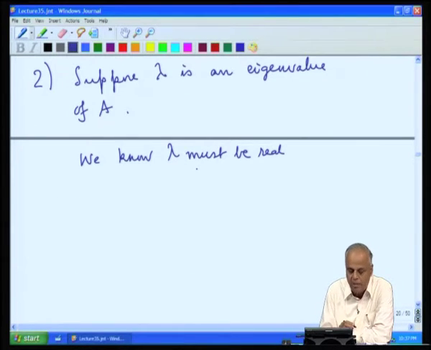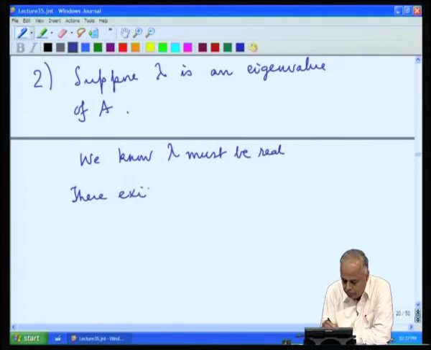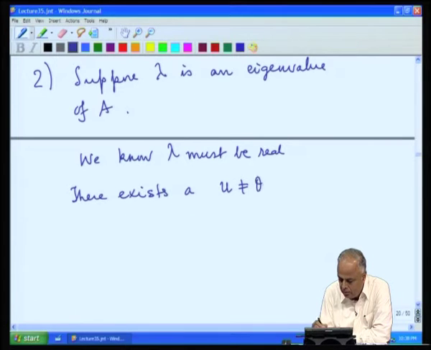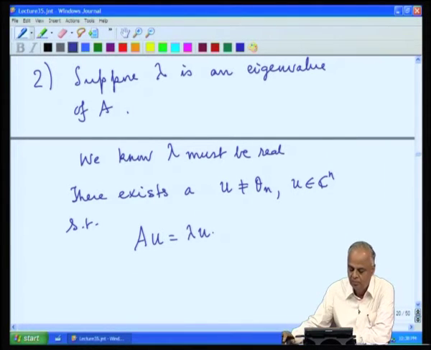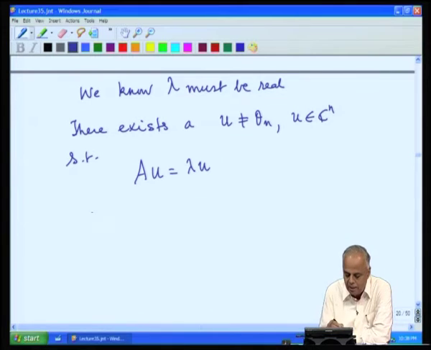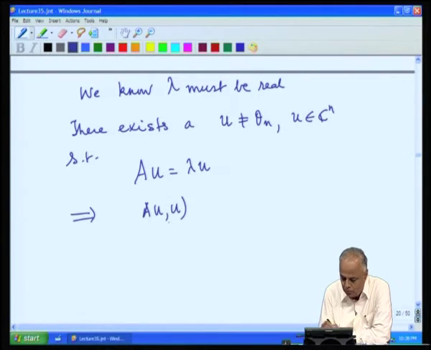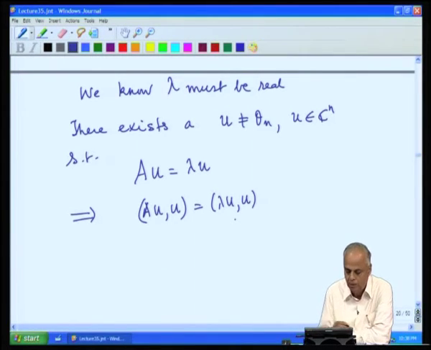Now, because lambda is an eigenvalue, there exists an eigenvector u such that A u equals lambda u. If I now take the inner product with u, I get lambda times u comma u.